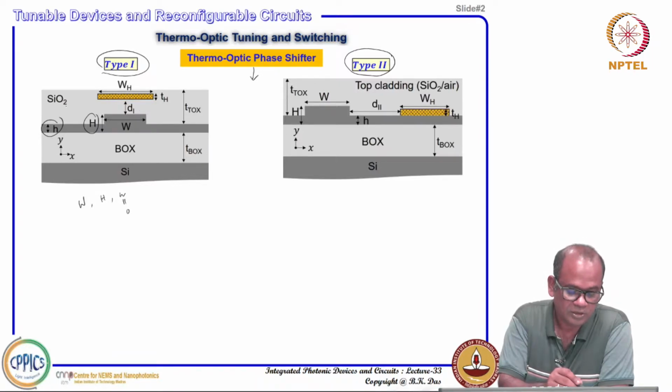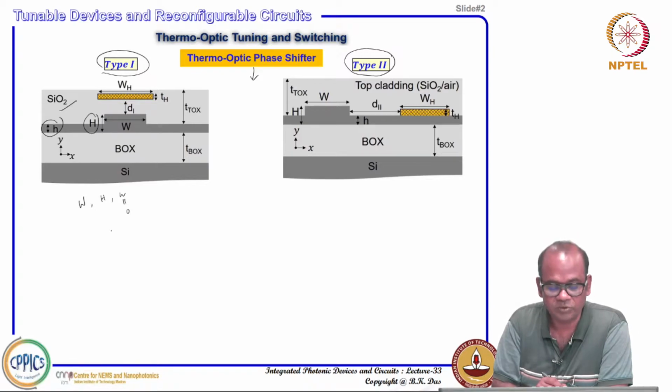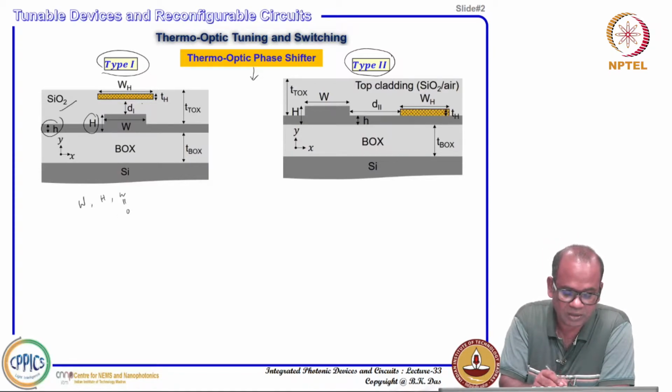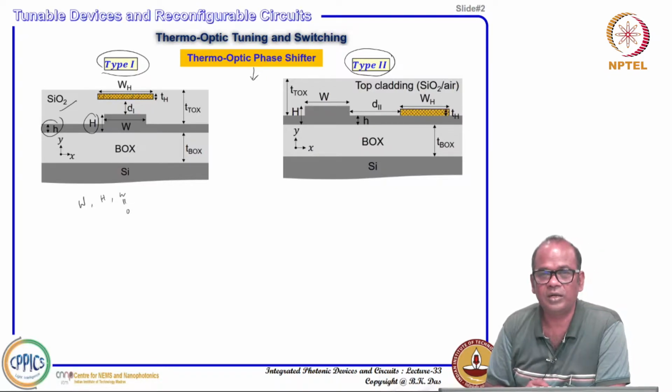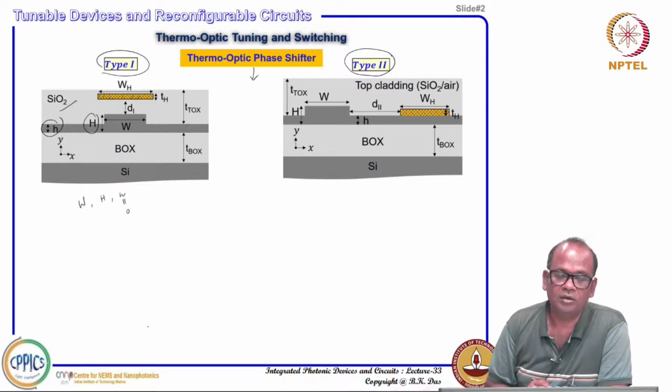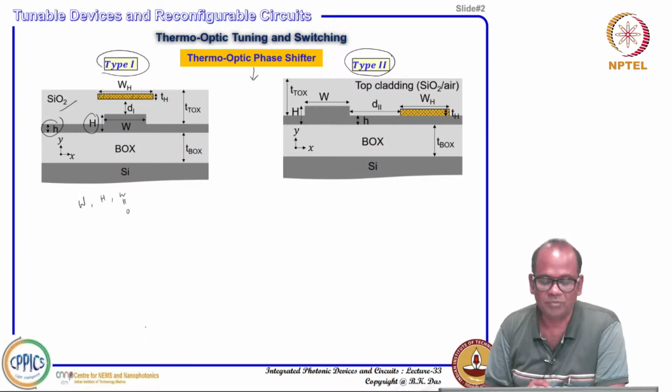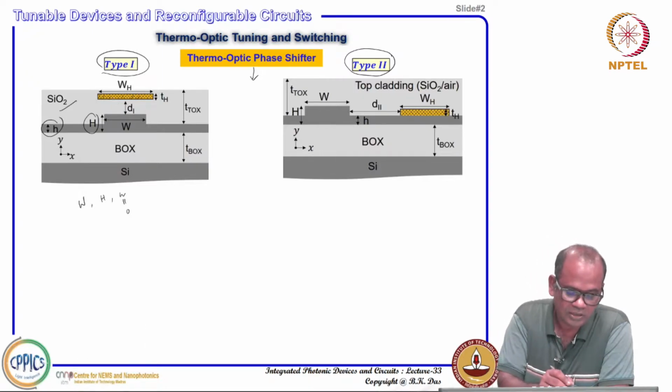Instead of air, you grow silicon dioxide up to a certain level, and then at a height D1 from the waveguide surface, you deposit a heater, which is nothing but a resistive heater. It can be a metal like tungsten, titanium, nickel, and so on. Here the width of the heater is defined by WH and its thickness by TH.